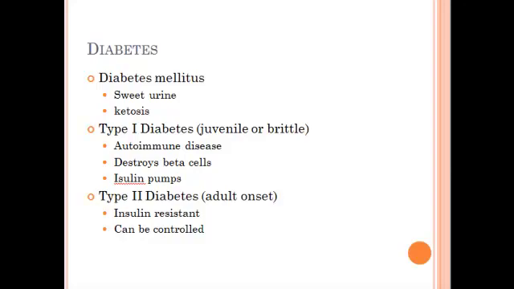How they used to find out that somebody has diabetes is they would actually taste the urine. Because there's so much glucose flowing around in the blood, that glucose starts to spill over into the urine as the body cleans the blood and takes out the things it doesn't need. Glucose isn't supposed to be in the urine.